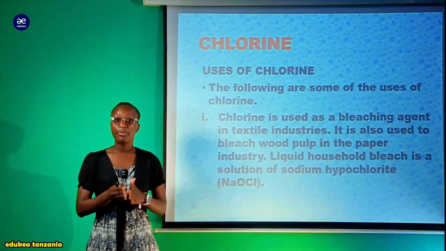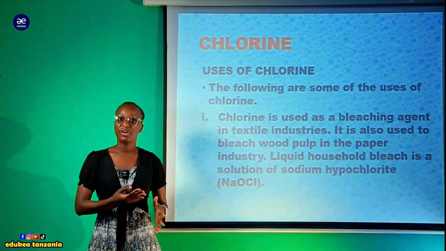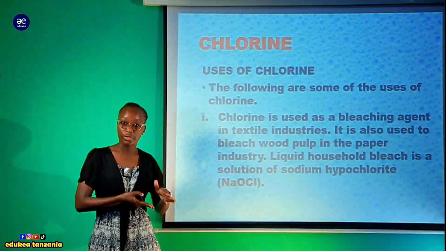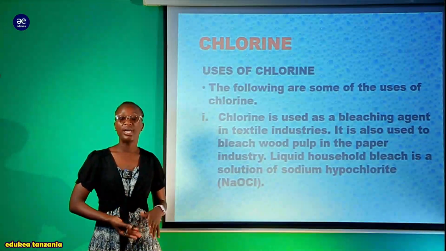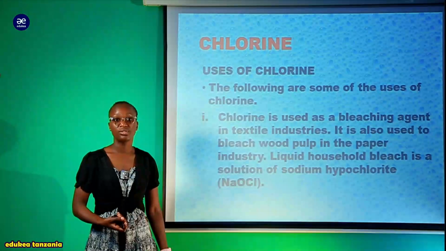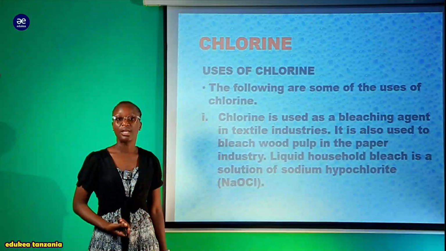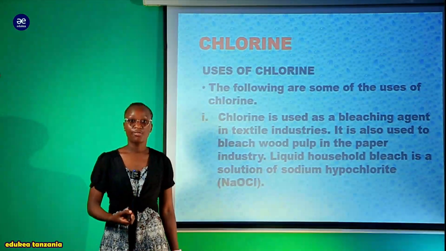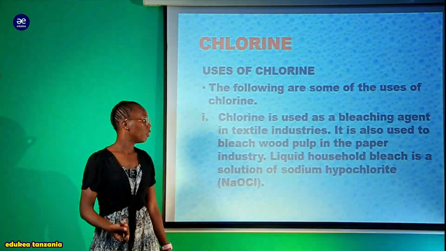What helped there was the conversion or bleaching from the wood, mbao unajua wewe, into paper. Is the chlorine being used there in the industry? So you see how it is useful and essential in our daily life or in our economic development.